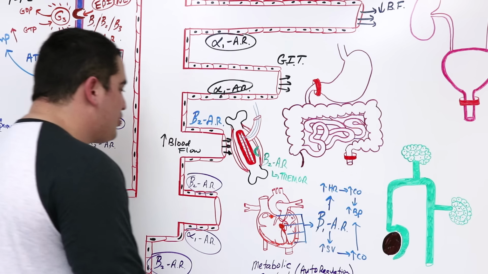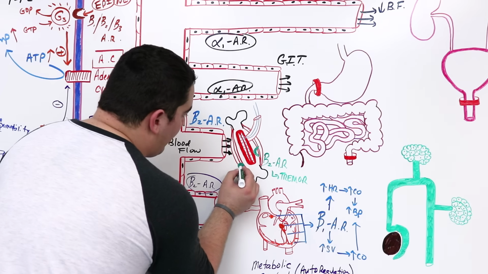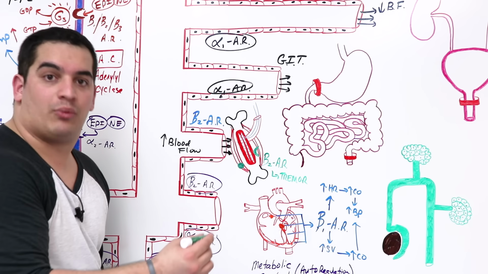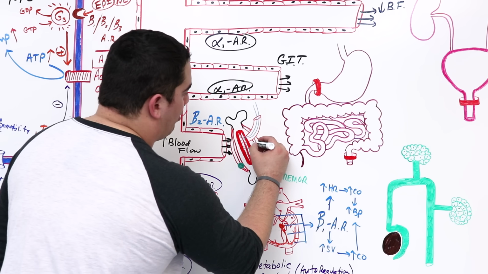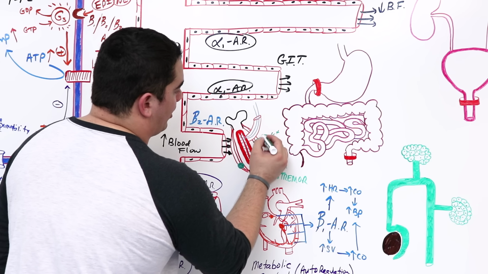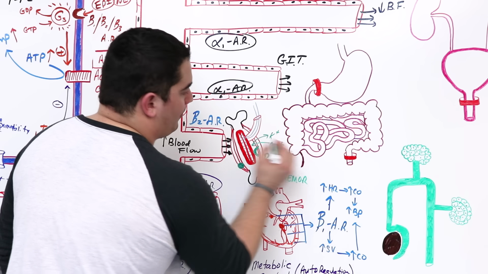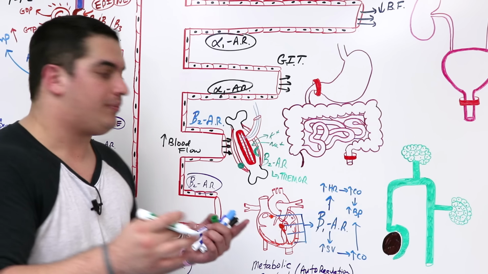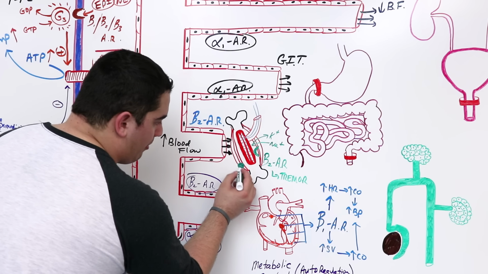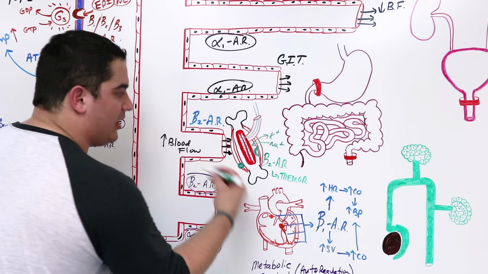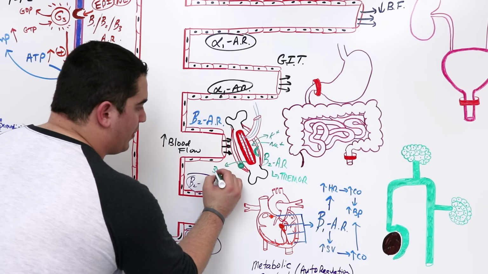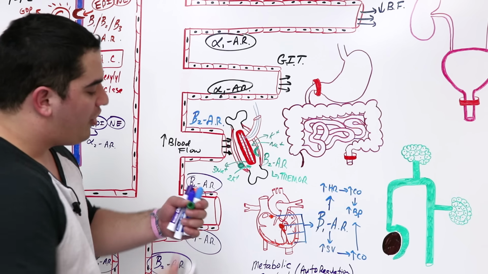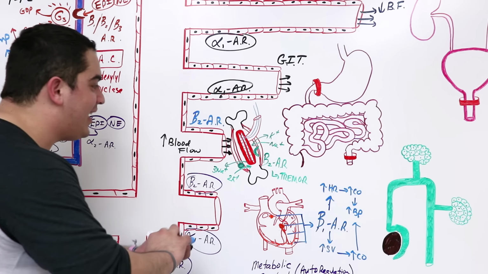It also has another function too, that with the beta 2 adrenergic receptors, our muscles are constantly depolarizing and repolarizing. And so what they're doing is they're pushing out potassium and they're constantly bringing in sodium. And because of that, we want to be able to maintain that gradient. So there's a protein called a sodium potassium ATPase. And what it does is it pumps 3 sodium out of the cell and 2 potassium into the cell. Well, the beta 2 adrenergic receptors, guess what they can do?